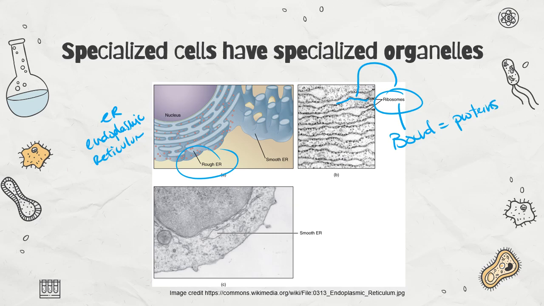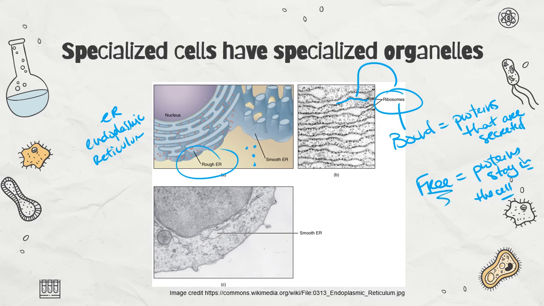The bound ribosomes are usually proteins that are secreted out of the cell. So our bound ribosomes produce proteins that are usually sent out of the cell. Whereas we have also ribosomes that just kind of float around in the cytoplasm. We call those free ribosomes, and they make proteins that usually stay in the cell. So if we need polymerase to make more copies of DNA, that's going to be produced by free proteins.